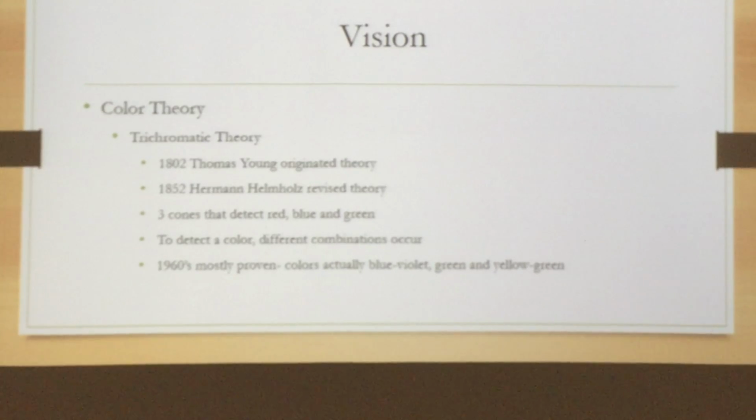He comes up with a theory, and in 1852, Hermann Helmholtz took that theory and revised it. And Helmholtz says there are 3 types of cones. One type detected red, another detected the color blue, and the third detected the color green.